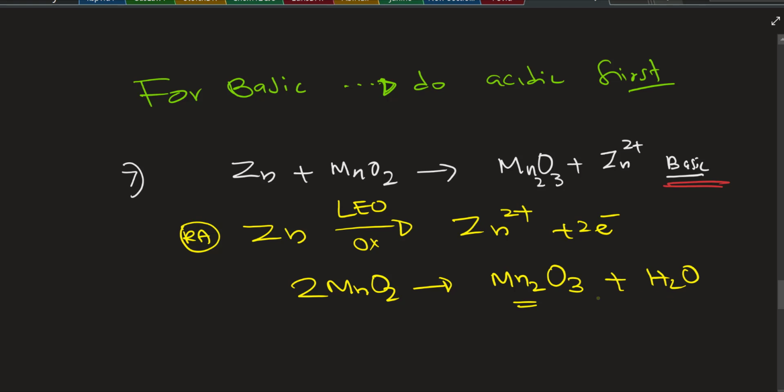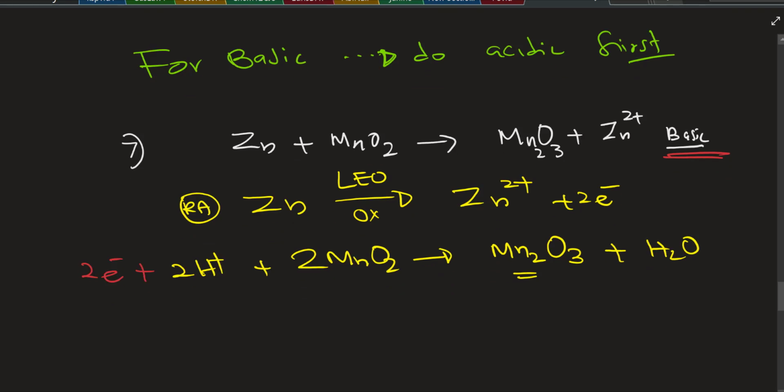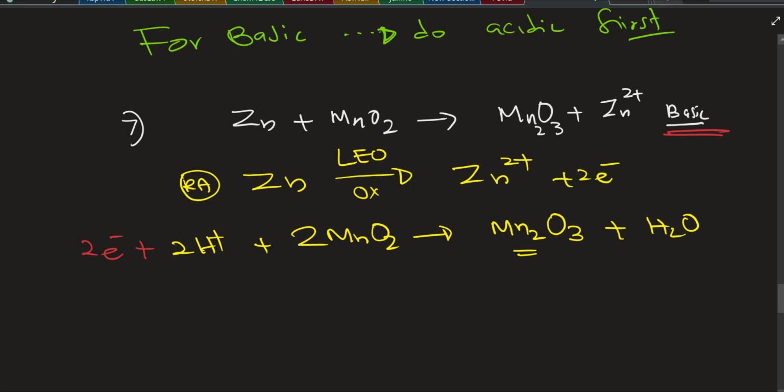Now you have 2 protons, you have to add the 2 protons to the left. Okay, now so the charge balance, 2 H plus on your left, you need 2 electrons, right? To the left, 2 electrons. So you are gaining electrons. It's a GER, right? GER, the reduction, right?